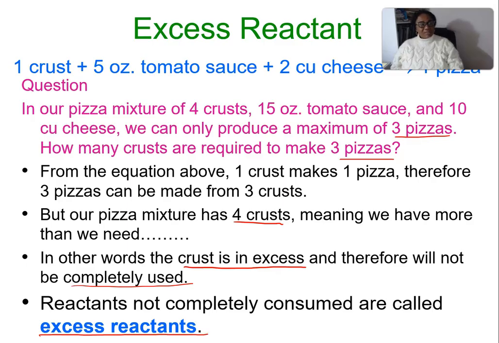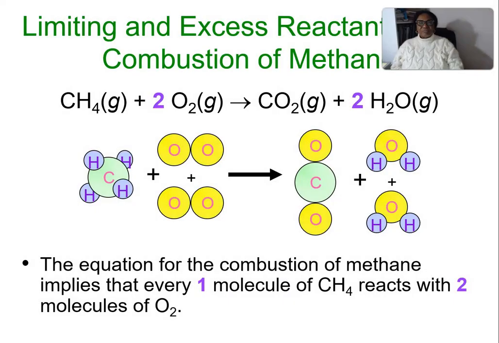Now let's apply this knowledge to chemistry. We have a balance equation of CH4 plus 2 moles of oxygen to produce carbon dioxide and water. We can see it in the picture here. The equation for the combustion of methane implies that every 1 molecule of methane reacts with 2 molecules of oxygen. So that is our balance equation.